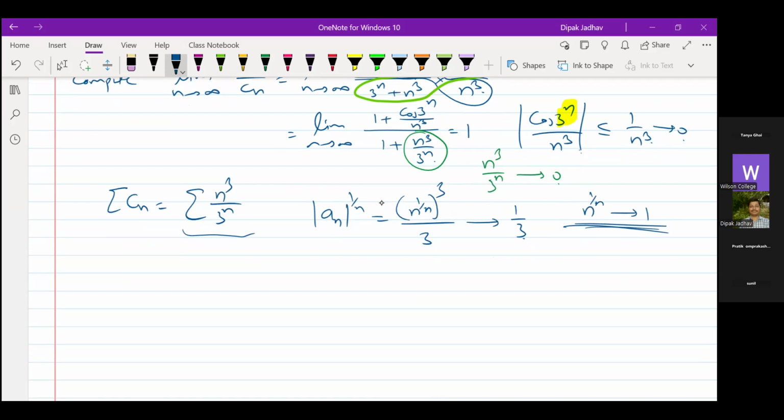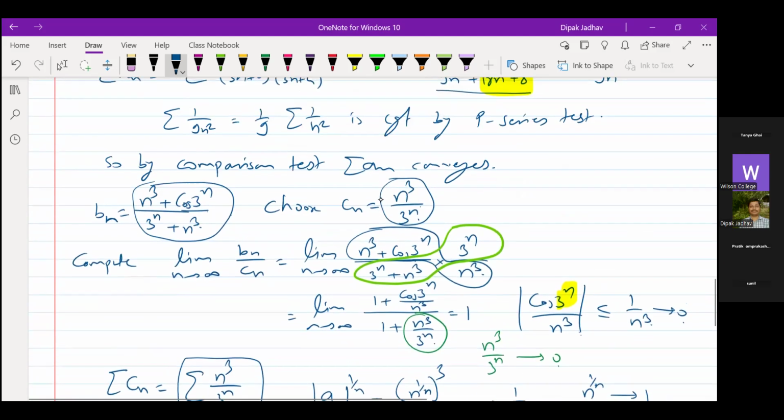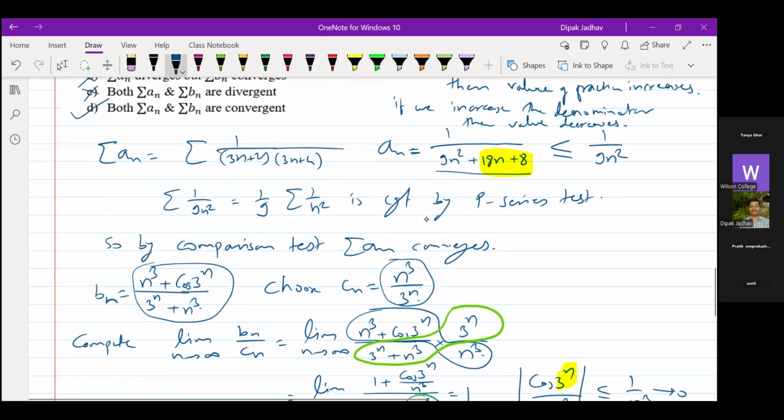So by the root test, this series converges. By the root test, summation Cn converges. So by the limit form of comparison test, summation Bn converges. So what is the option then? Both are convergent series. Is it okay?